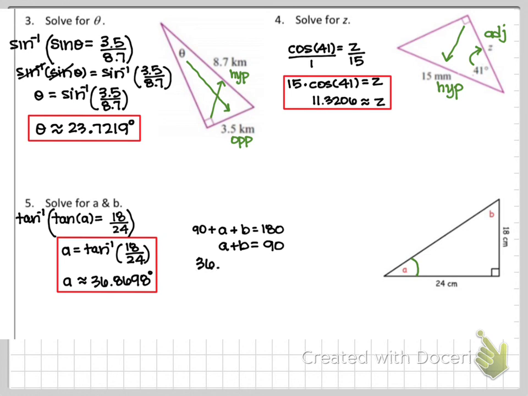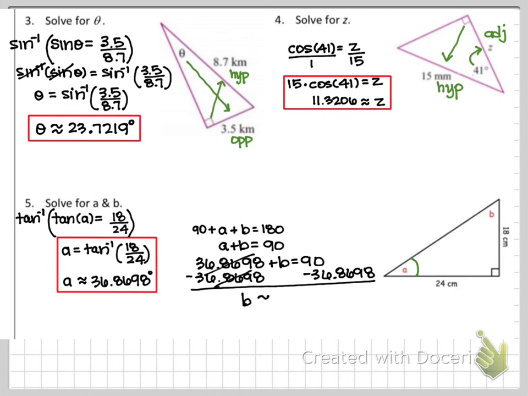So 36.8698 plus B is equal to 90. I'm going to subtract that to the other side. You'll get the same answer if you had decided to use trig again, which is totally fine. Multiple ways to do the exact same thing and still be correct.